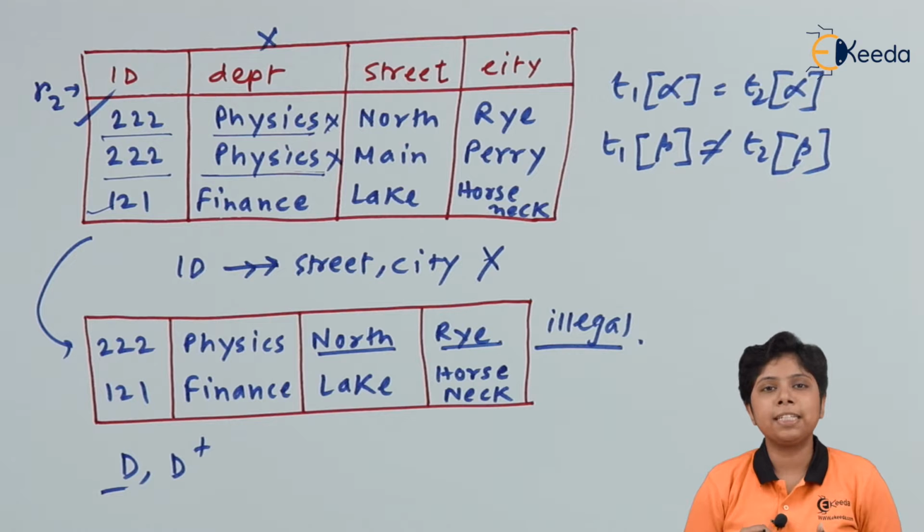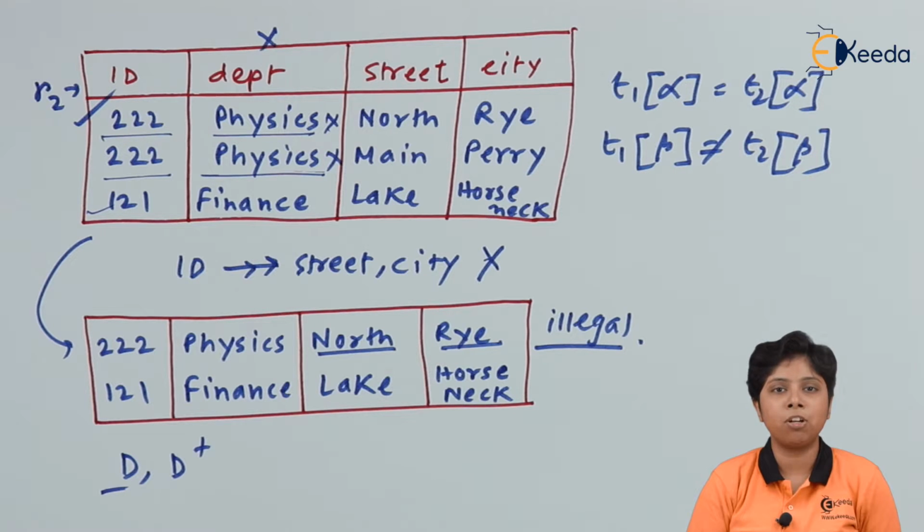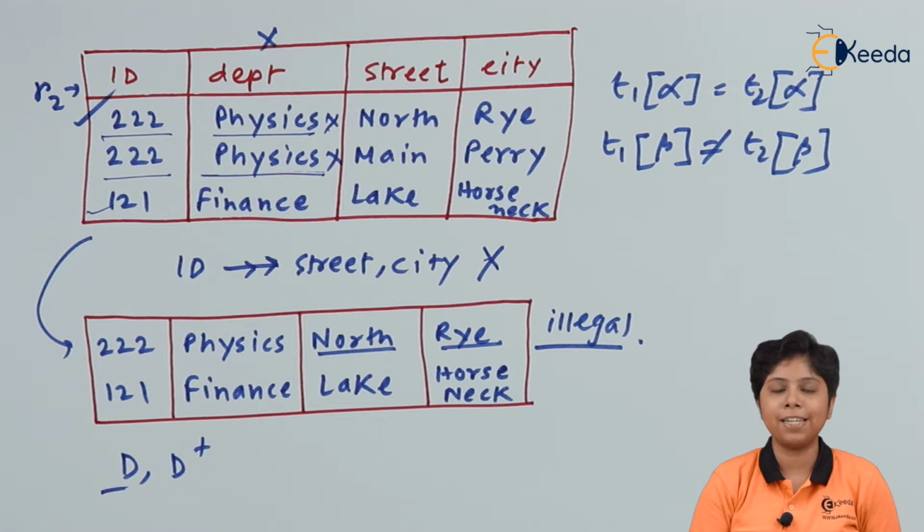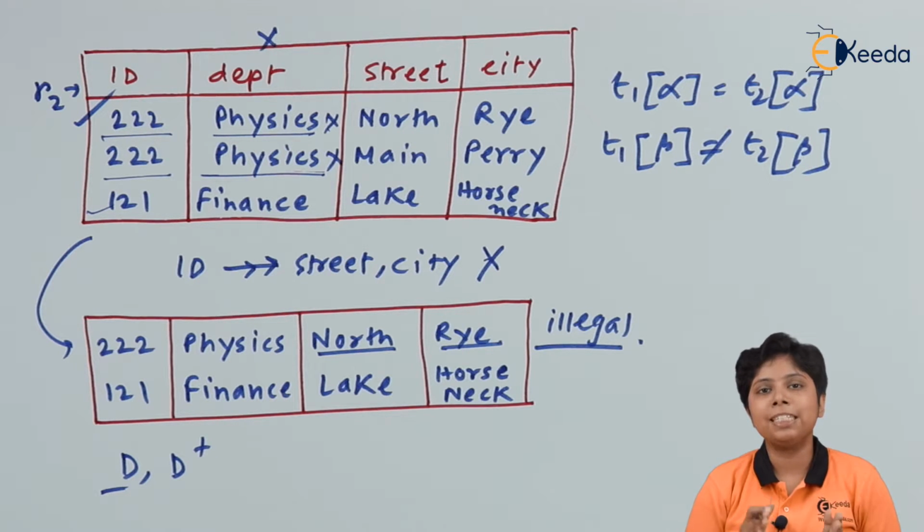If it is in this D, then we can say that the multivalued dependency is already being a part of the dependency set and also in the closure set. That means the dependency is preserved. But if it is present in D plus but not in D, that means it is just being implied from the functional dependencies, and now we can have it as a closure.